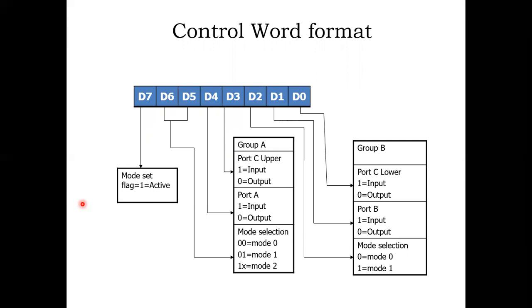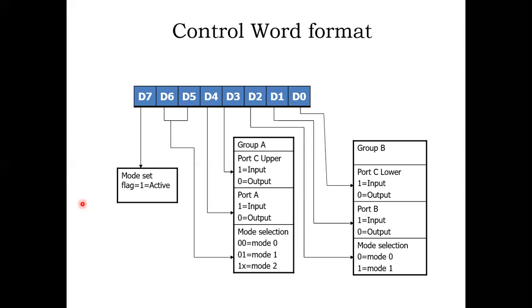In this format, first D0, D1 and D2 represent group B. Second, D3, D4, D5 and D6 represent group A. In group B, as we already told, that is port B and port C lower.